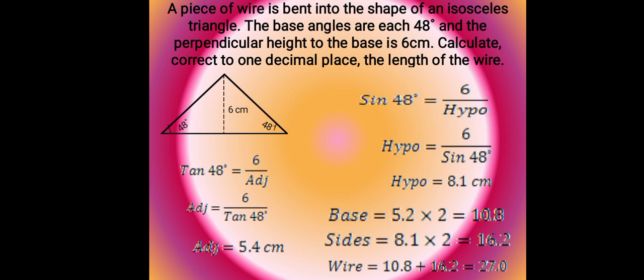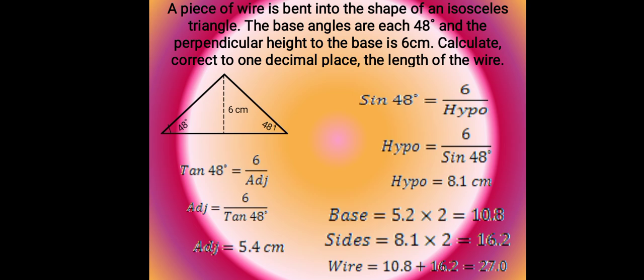Now the hypotenuses are 2, because those are the equal sides of that isosceles triangle, and the base we had gotten half of it using tan 48.